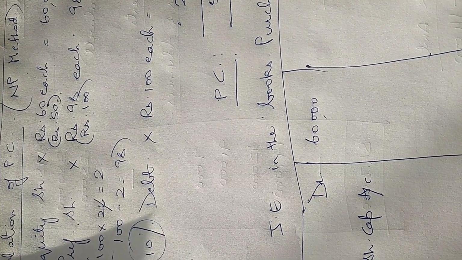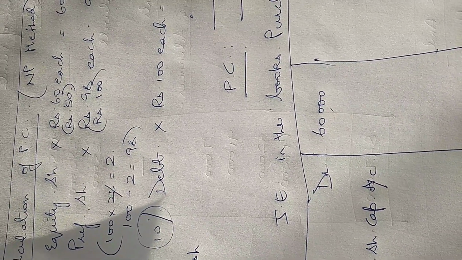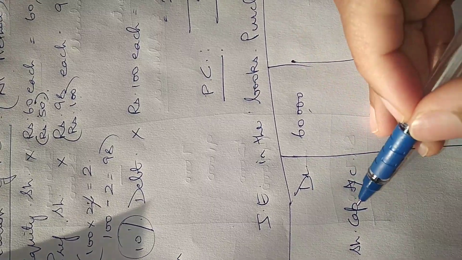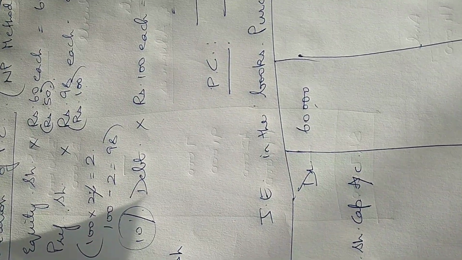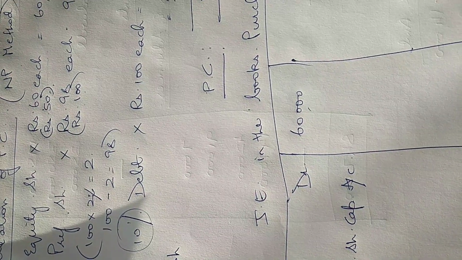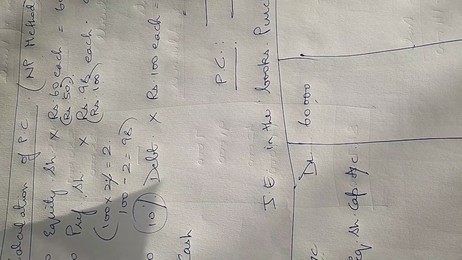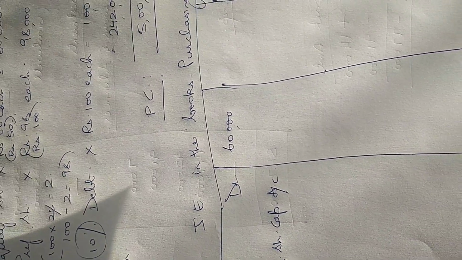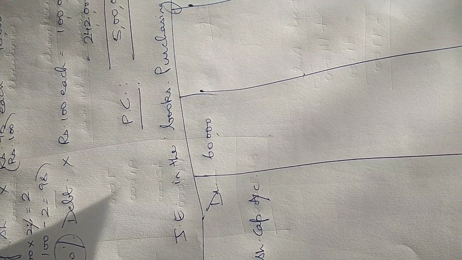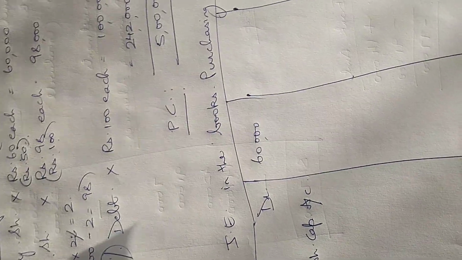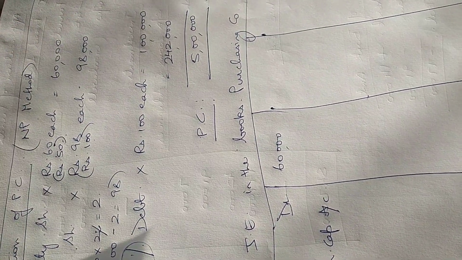So if you are giving it at a discount or at a premium, that discount or premium amount will not be taken to the share capital account. It will be shown separately. That is how you identify when you see the journal entry, how much is the actual value and how much is the extra or the shortage amount which you have taken into consideration while issuing it at premium or at discount. Remember this. So you will not take the whole 60,000 directly, but you will have to show the breakup.